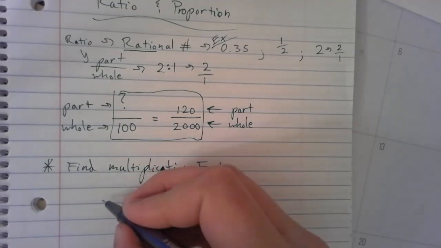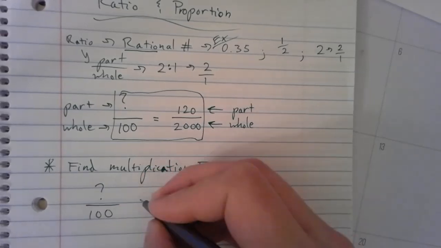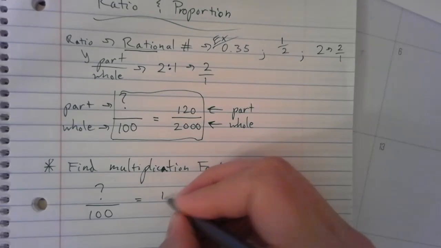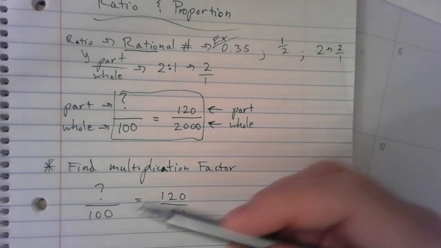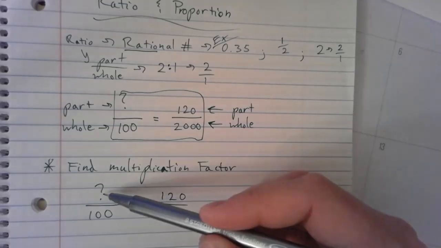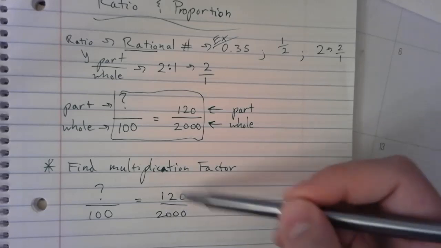And what that's saying is I have a question mark over 100, and it's equal to 120 over 2,000. That's literally saying whenever I fill this question mark in, it will be equal to the same thing as this.